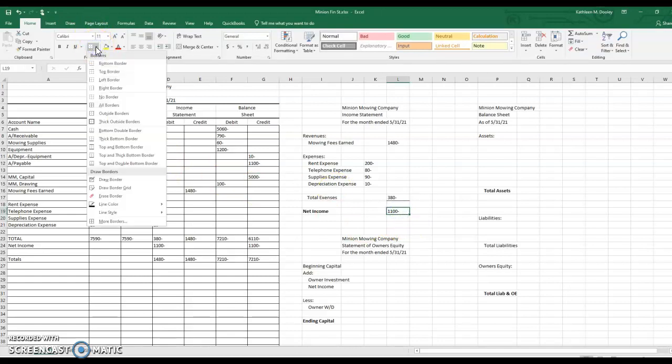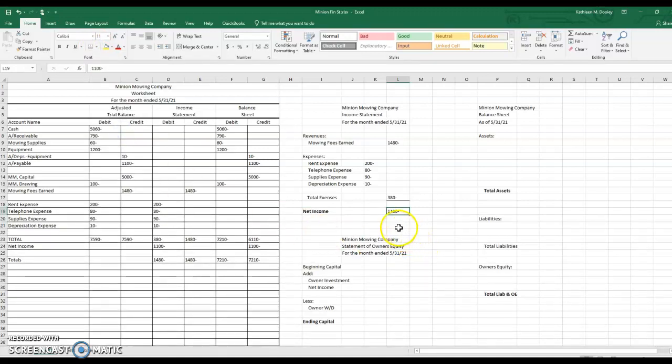Okay, again, I'm going to go up into my borders. This time I'm going to put a bottom double border. Now we also need, oops, here under this 10, I also need a single border. There we go. Now we also need dollar signs. Dollar signs go on the first number of a column. So this 1480, and this 200.